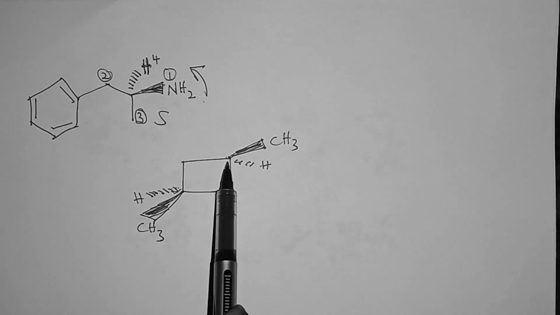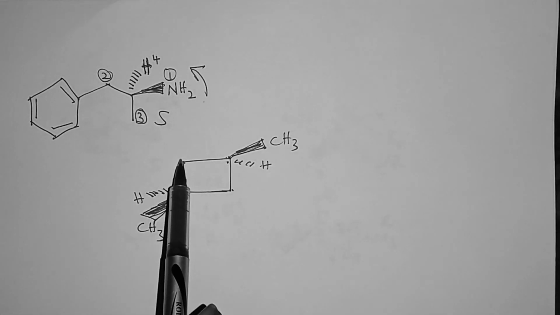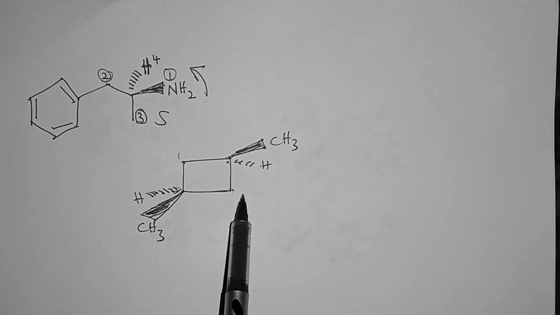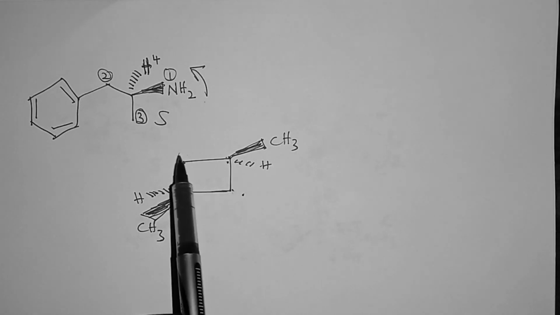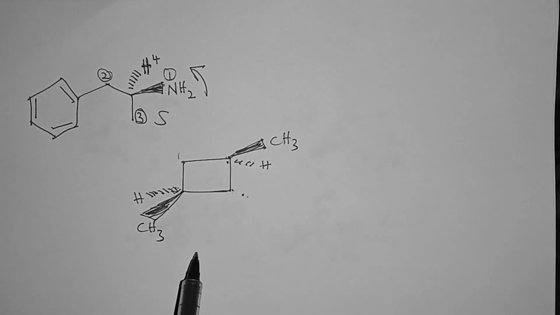Now, is this a chiral center? We need to check from this carbon and this carbon. You can see that this is CH2 and this also is CH2. So because we have two groups that are the same, this is not a chiral center.